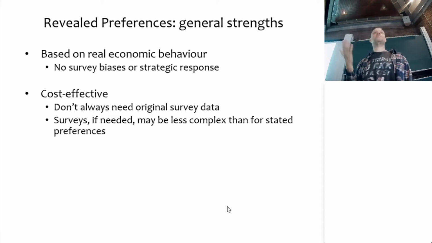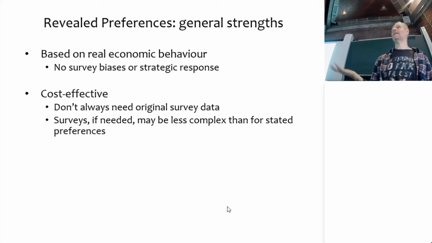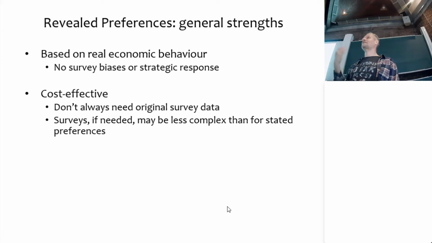And oftentimes, if we go back to hedonic pricing, for instance, if you look at the housing market, you don't need to collect data. You just need to convince real estate agents or one of the aggregator websites, like I want to say Zoom, but I need to say Zoopla, that actually collects all this data for you.